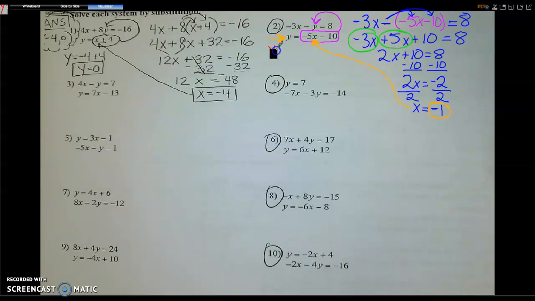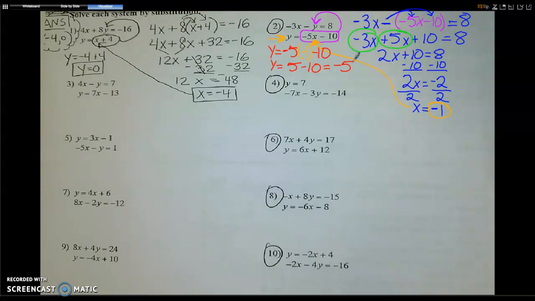So y equals negative 5, I'm not going to put x, I'm going to put that negative 1, minus 10. Then solve it. So negative 5 times negative 1 gives me 5 minus 10, which equals negative 5.